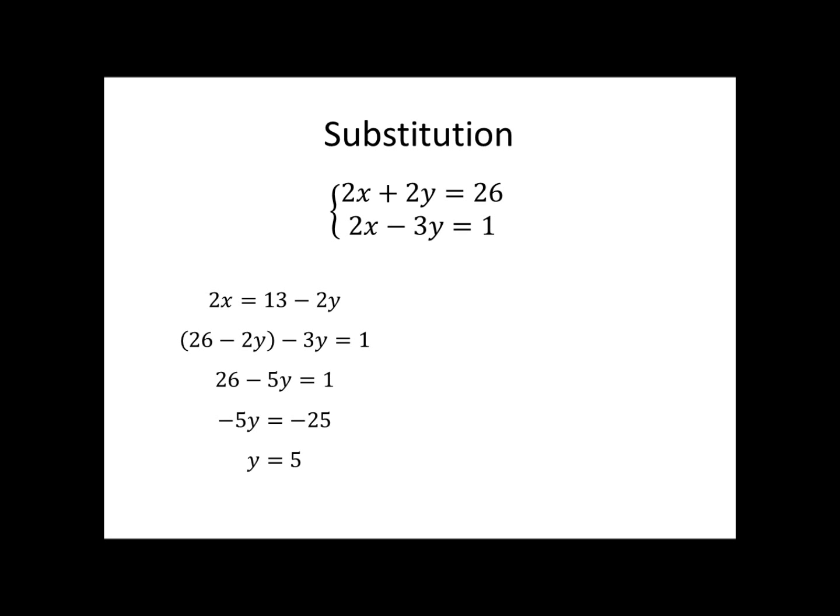Now, I just need to plug that y into one of my other equations and solve for the x. I find out that x equals 8. Again, I need to report my answer as an ordered pair. In this case, (8, 5). Always the x value, comma, the y value. Again, that top line in the first column is supposed to be 2x equals 26 minus 2y. I don't know where I got the 13.